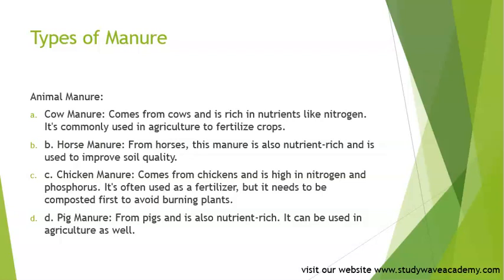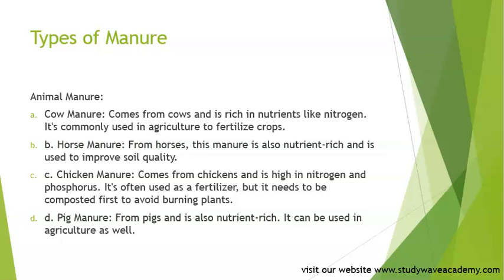We have the horse manure. From horses, this manure is also nutrient rich and it is used to improve soil quality. It makes the soil good. The horse manure is the poo of a horse.